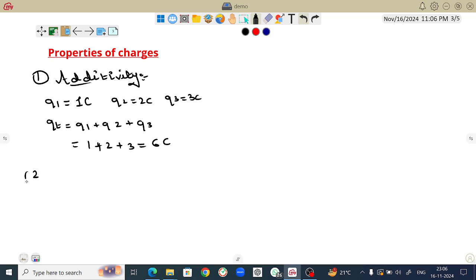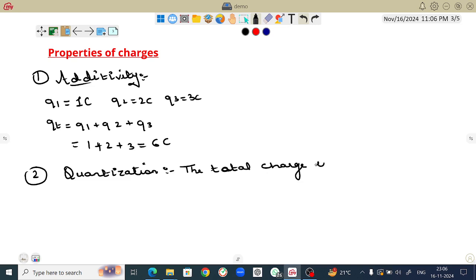The second property of charges is quantization of charge, which states that the total charge is an integral multiple of the basic charge.